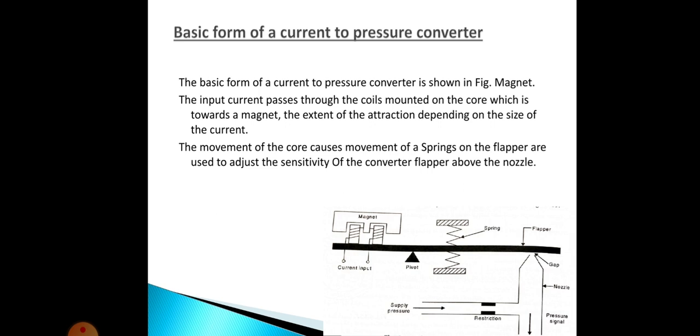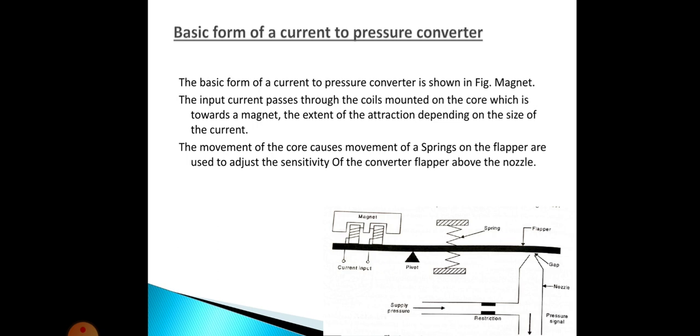These are standard and are generally used in such systems. Understood how it will be working? Here the flapper is there, then there will be a gap, then the supply pressure will be there. How much it flaps, that much pressure it will give.